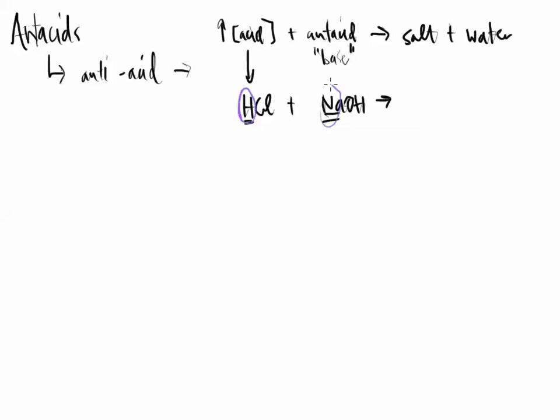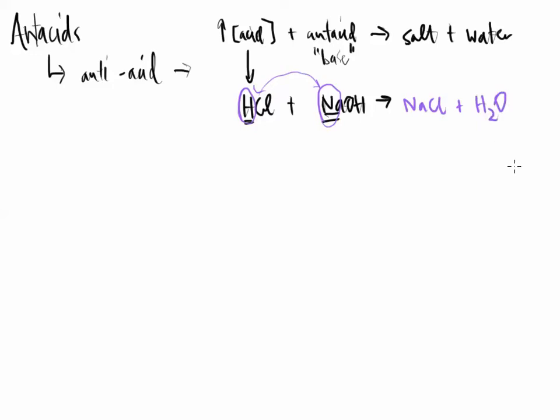The hydrogen and the sodium switch partners. They're swingers. So the H and the Na switch, giving me NaCl and now HCl. And it gives me HOH, and HOH rewritten is water, H2O.